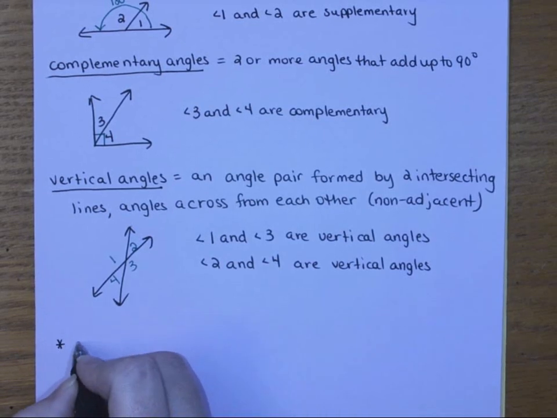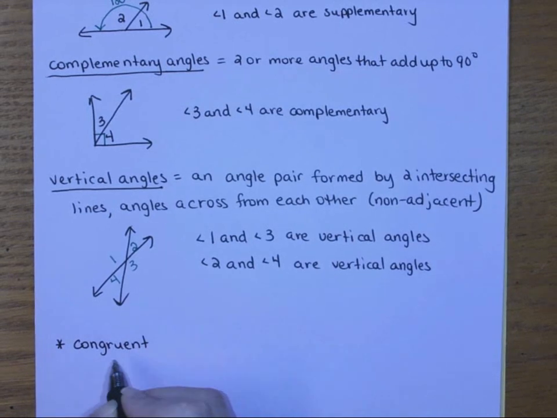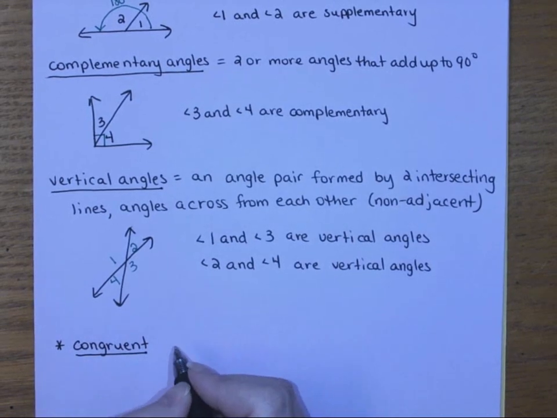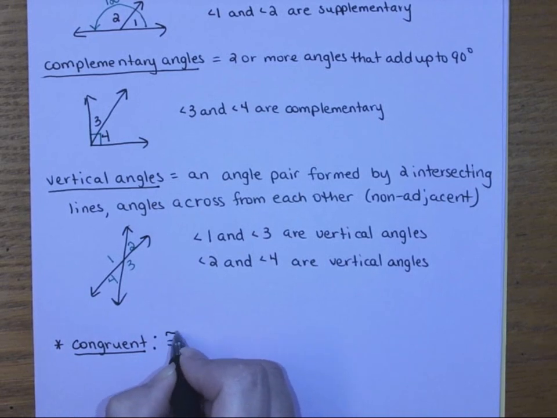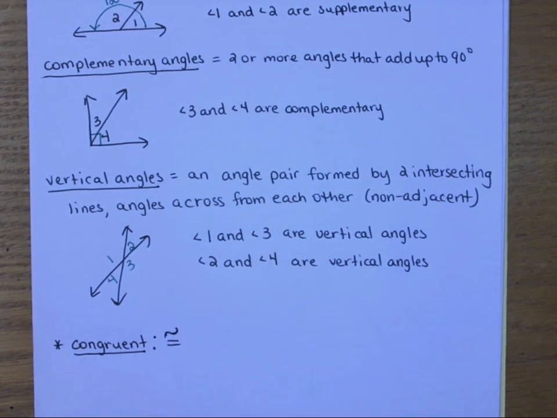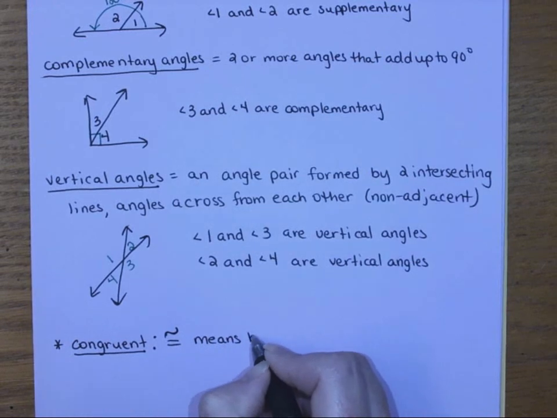So in case you don't know this, the word congruent, okay, the symbol for congruent is the following. You do an equal sign with a little squiggly line above it. Okay, and congruent means has the same measure.